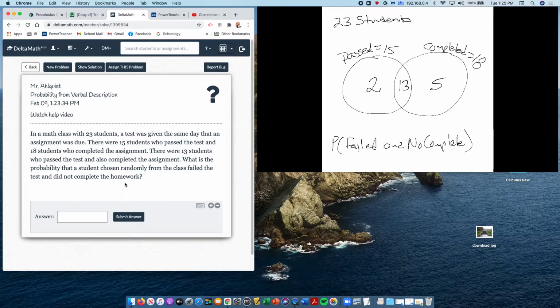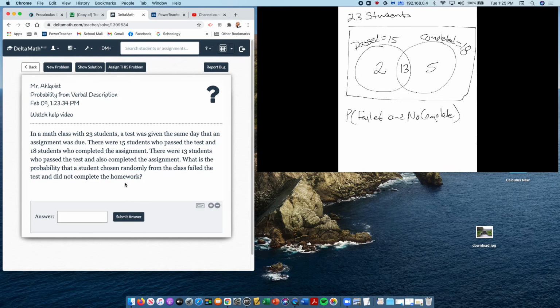Well, isn't that the people that aren't in this box here? If you think about all the people that are outside here, anybody that's not in those circles, they didn't pass and they didn't complete the homework. So when we think about those people, out of the 23 total students, they're the people that are left over out here.